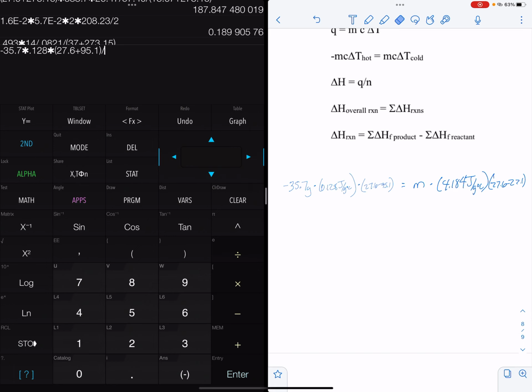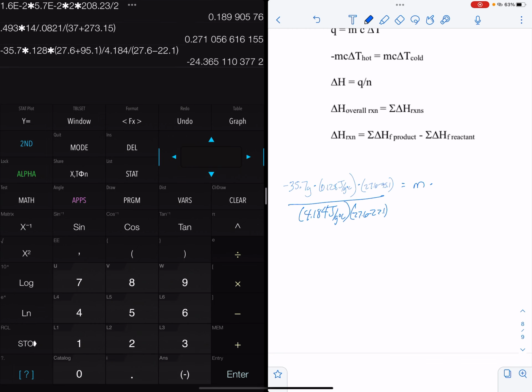And then divided by, because that's what this essentially is, I'm dividing by this on this side, 4.184, and then divided by 27.6 minus 22.1. So that gives me a negative mass.